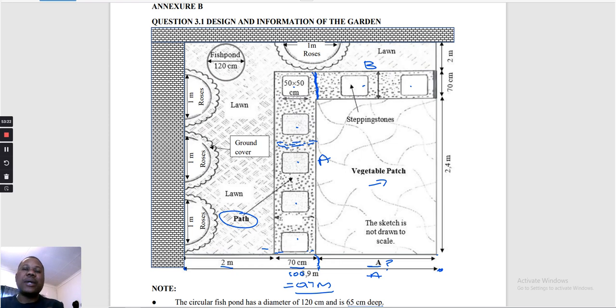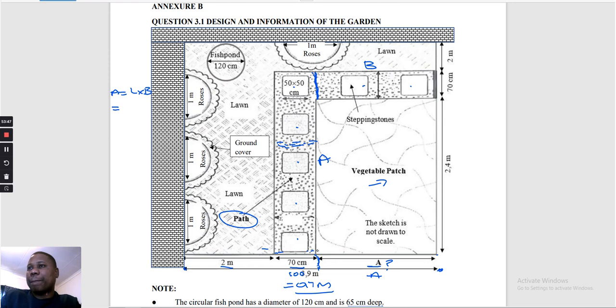Now here's the question. How do you calculate the area of a rectangle? Area is equals to length times breadth. Okay, now let's calculate what is the length here. The distance from here to here, we have it here, is 2,4, but the distance is from here up until here.